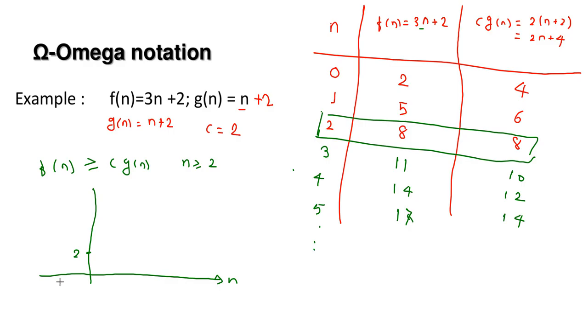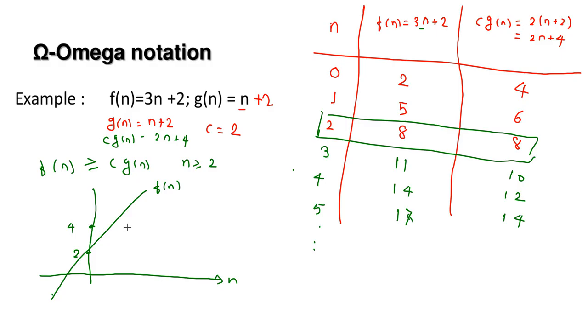Sorry, c into g of n is actually 2n plus 4. So our 3n plus 2 line may look something like this, that is f of n, and the second line, c into g of n, that is 2n plus 4.